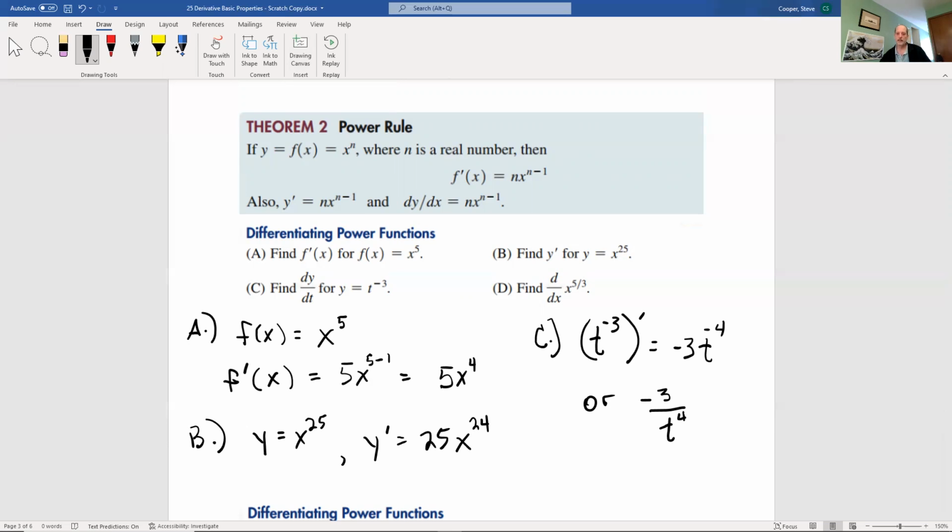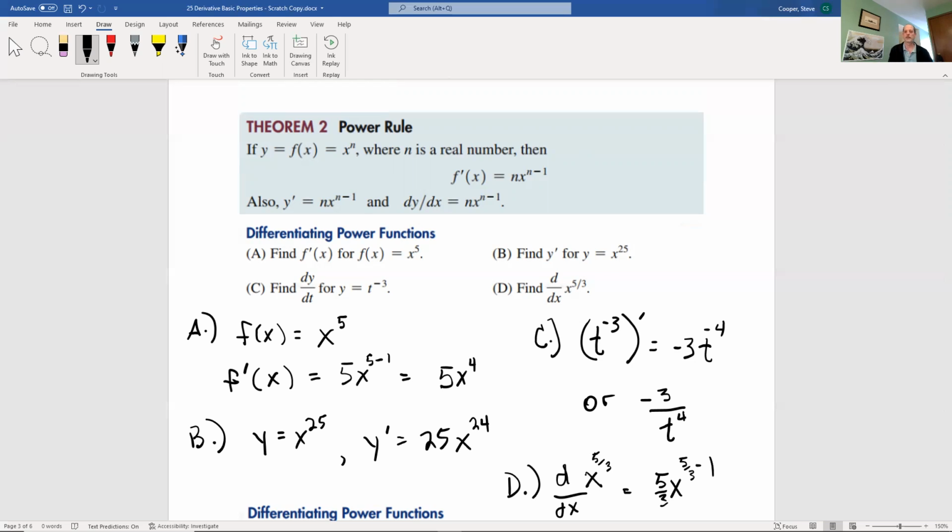And lastly, D. Okay, if I've got the derivative of x to the 5/3, then it equals 5/3 times x to the 5/3 minus 1.